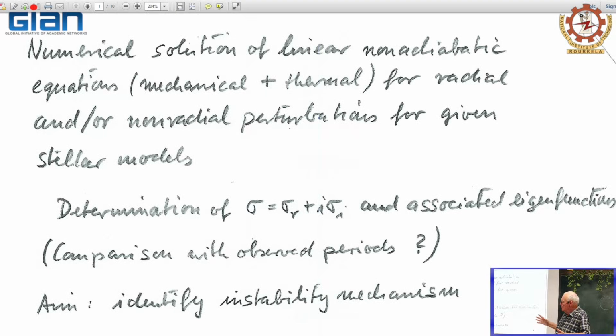So the observation of periods, in comparison with the results of the linear stability analysis, may lead to a determination of the mass of the object which provides the pulsations.